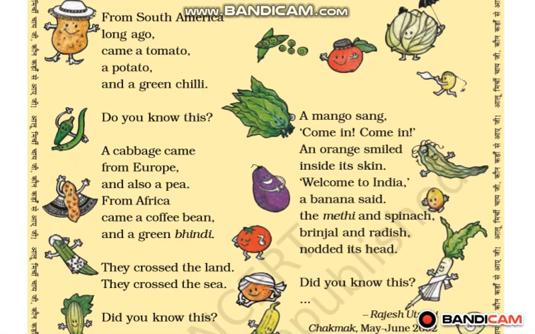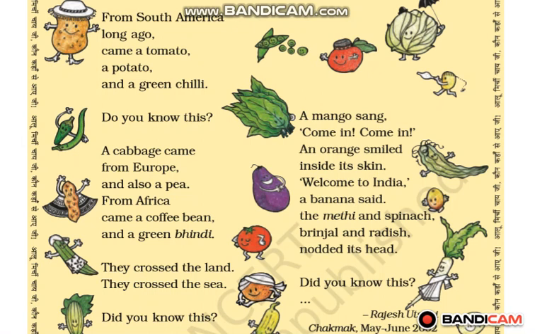They crossed the land, they crossed the sea. A mango sang, come in, come in. An orange smiled inside its skin. Welcome to India, a banana said. The methi and spinach, brinjal and radish nodded their heads.